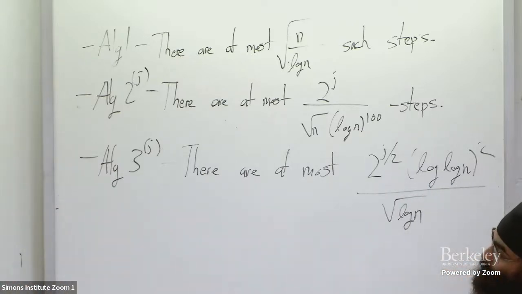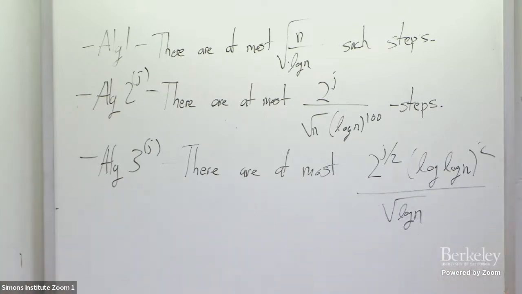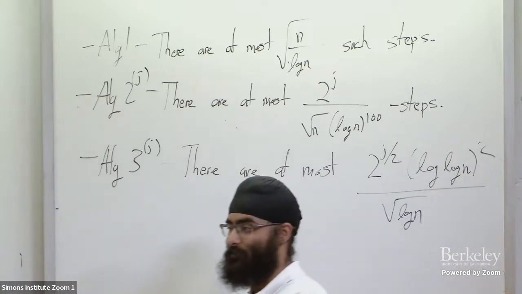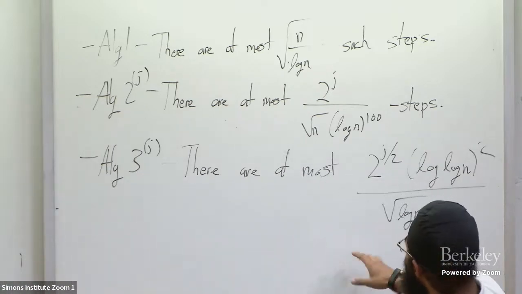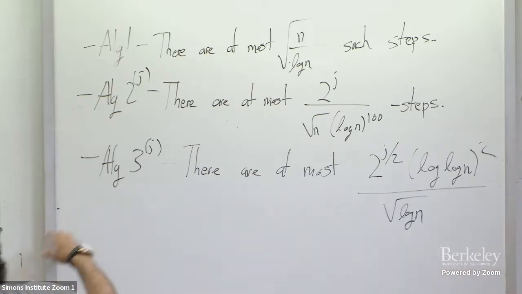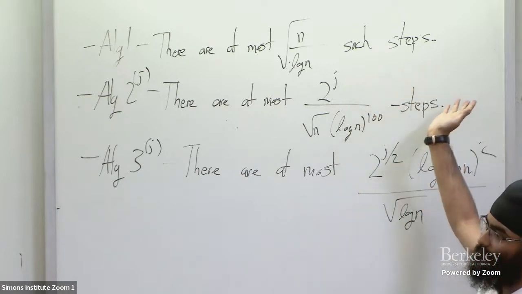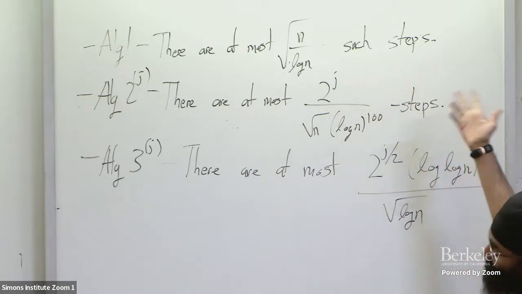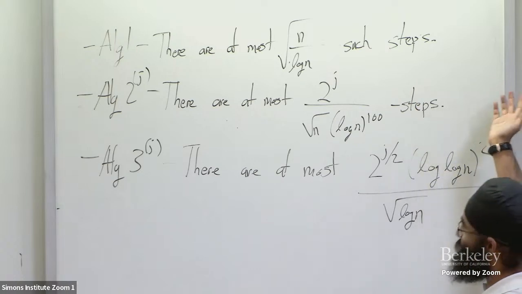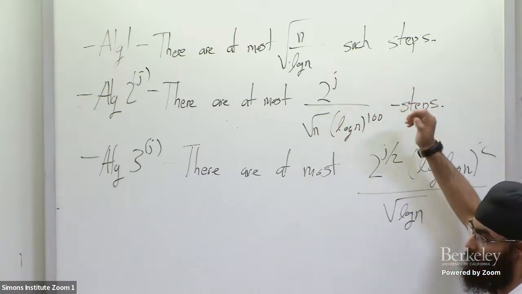So now I've done this whole setup, and I've written things down with SF plus. I do actually need to use this somewhere. And the key point here is going to be that you can balance, if 2 to the j is very large, like let's say n squared, I mean, this is n to the 3/2 steps. So n to the 3/2 steps means you could completely destroy a vertex. So you need to use something about SF plus.